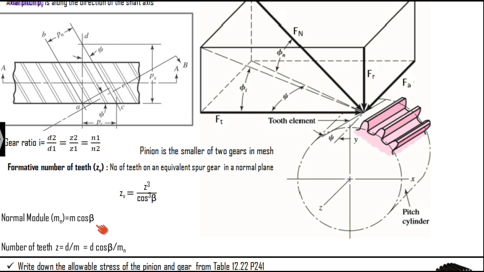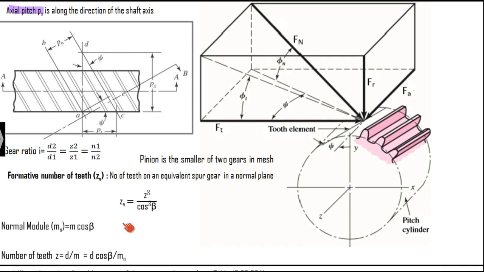The relationship between the actual module and the normal module is Mn = M cos β. This is the relation that we are going to use. If we relate the actual number of teeth with the module, the number of teeth is d by M. M is Mn by cos β. If we substitute it here, we get the value of Z as d cos β by Mn.